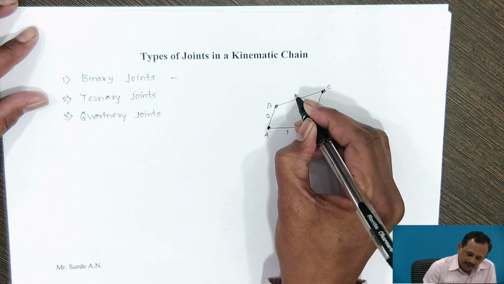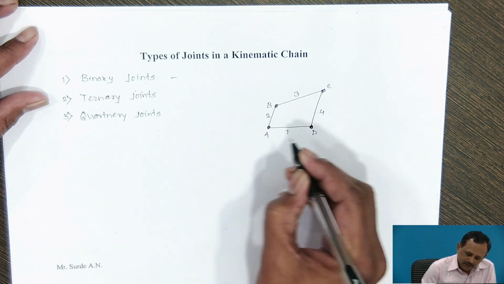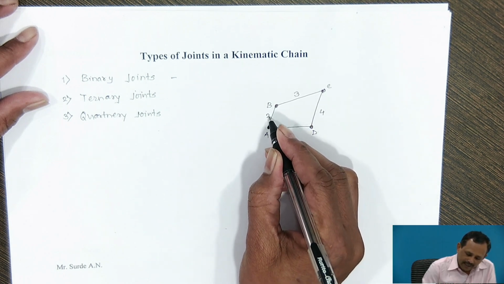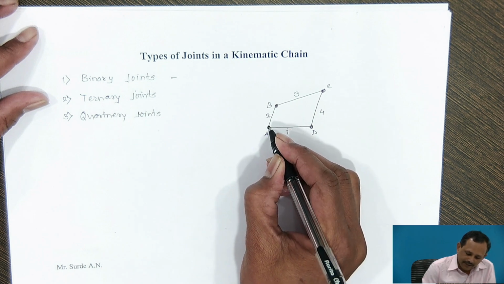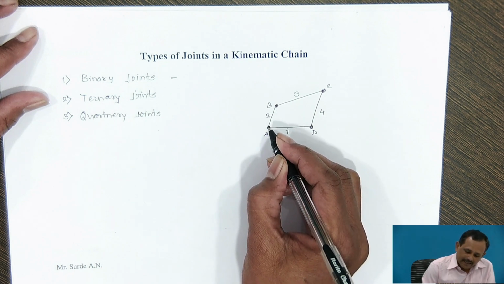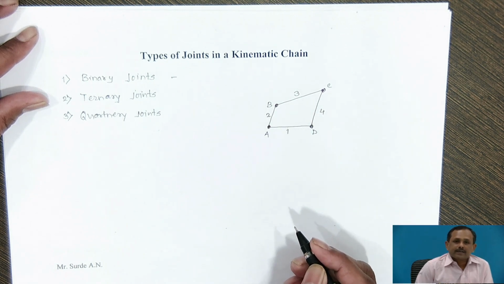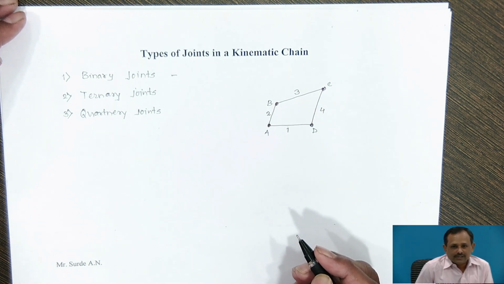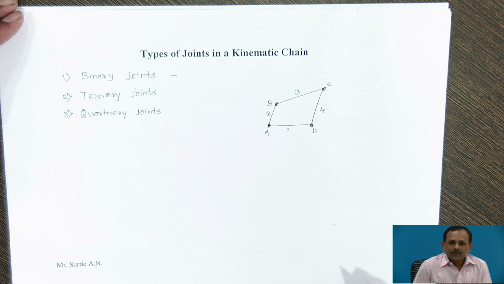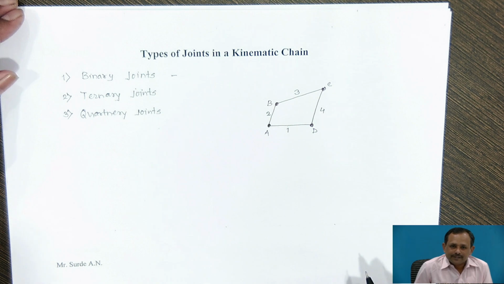So, link 1, link 2, link 3. At point A, link 1 and link 2 are connected together. So, at A, B, C and D, binary joints are formed. Now, depending upon the type of joint, we can determine the nature of the chain.